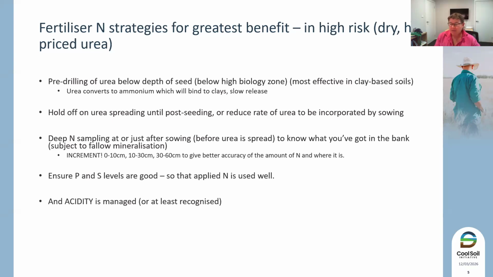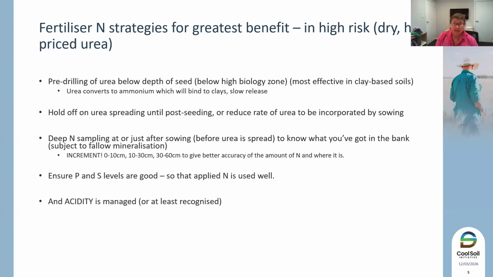But at least if you're still in the process of working through soil acidity issues, at least recognise if you've got issues or not. Particularly in a year like this year, where we're likely to move into a drying season. So our roots have to work really well, and we want that nitrogen to be used really well.